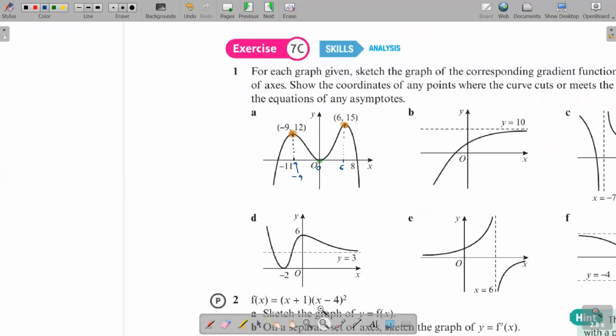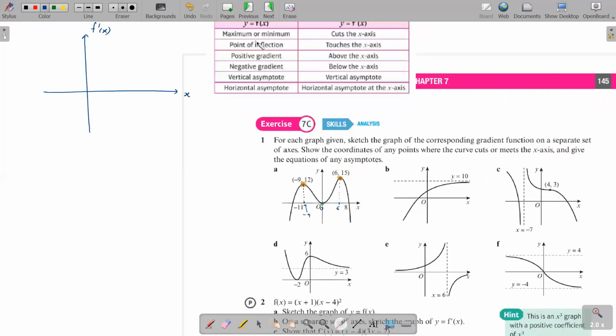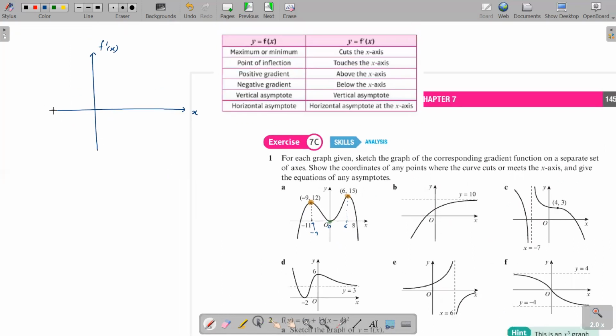So we learned that at a maximum or minimum point, the gradient graph will simply cut the x-axis. So what are the cutting points of the x-axis in the f'(x) graph? -9 is a cutting point, 0 is a cutting point, and 6 is a cutting point.